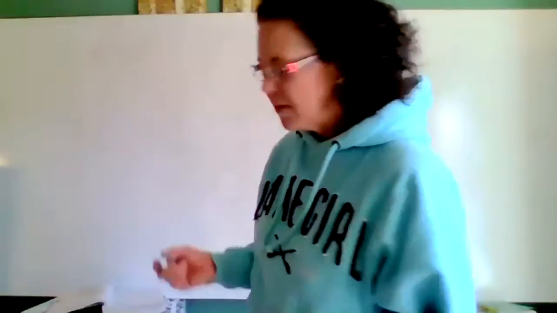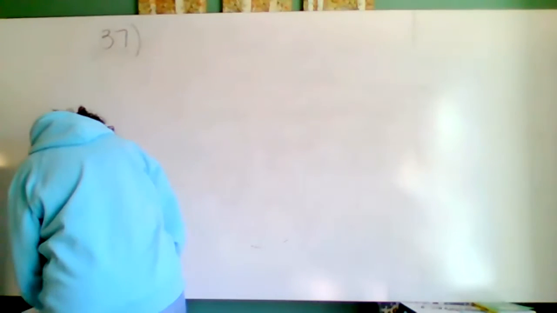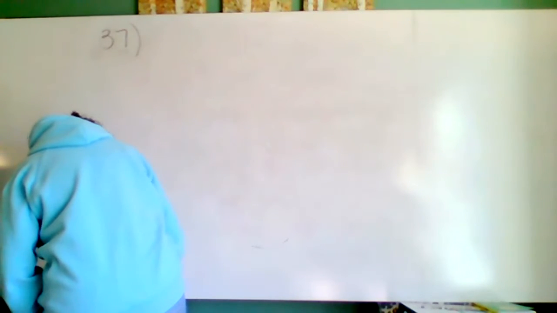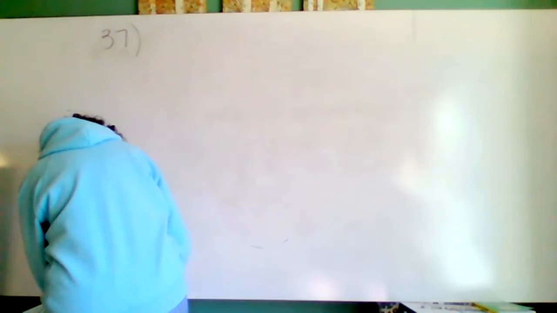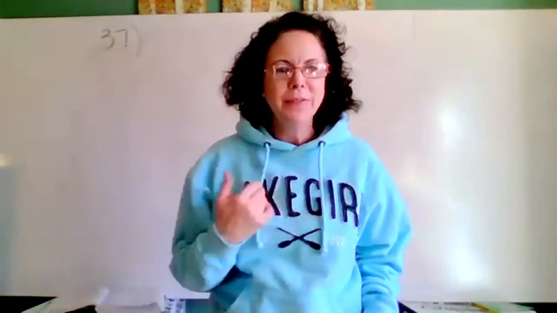How we doing? Oh, number 37. I can get like 15 more of these done. Number 37, let's take a look. I really felt I took off number 37. No? Did I? Yeah, you did.